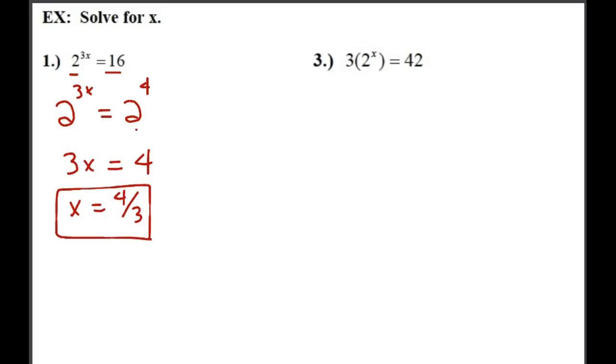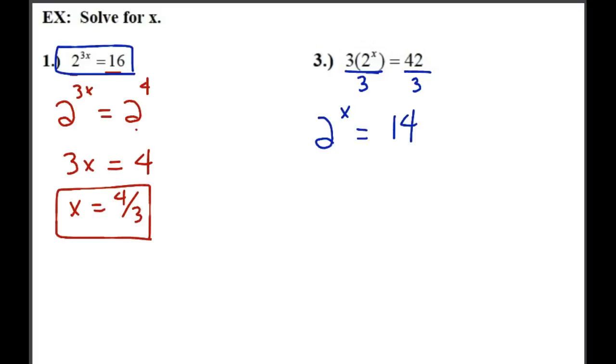Now come back to number 2. If you look at number 3, it's similar to this one. So I want to write it as this 2 to the x by itself. So I need to divide both sides by 3 to start. So I'll have 2 to the x equals 14. And now, unlike this previous one here, I can't write 14 as 2 to an exponent.